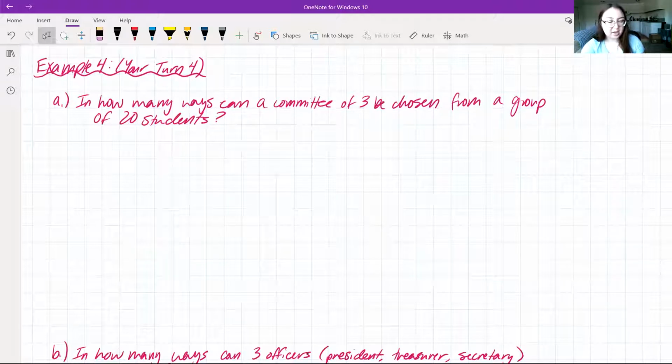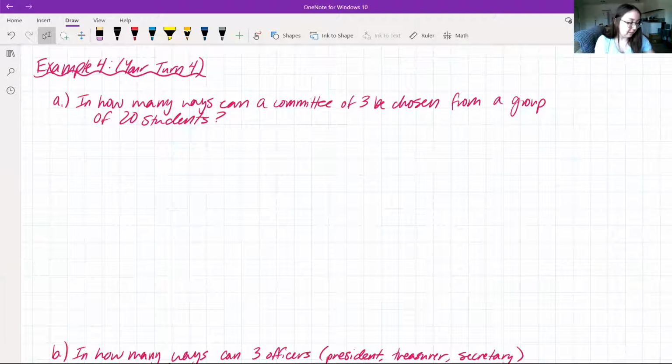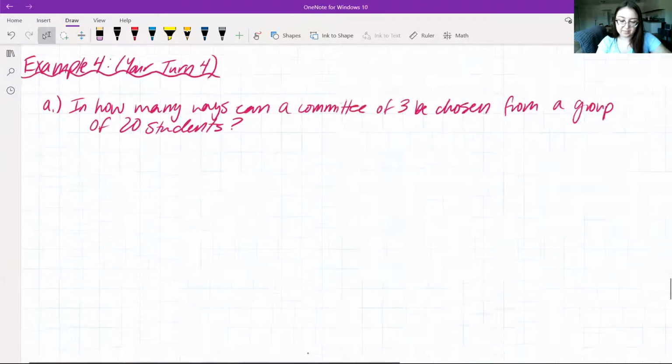So for A here, we have, in how many ways can a committee of 3 be chosen from a group of 20 students? So if all we're thinking about is a committee of 3 being chosen from a group of 20 students, if we're just thinking about a committee, the order doesn't matter. There's no need to differentiate who had what place if it's just a committee of 3.